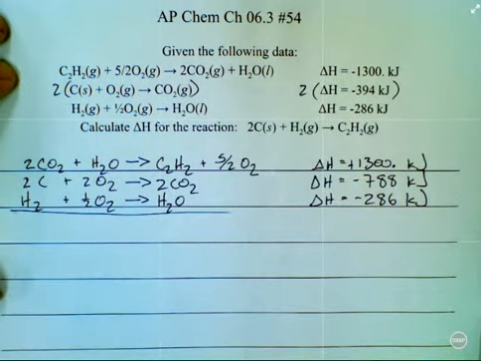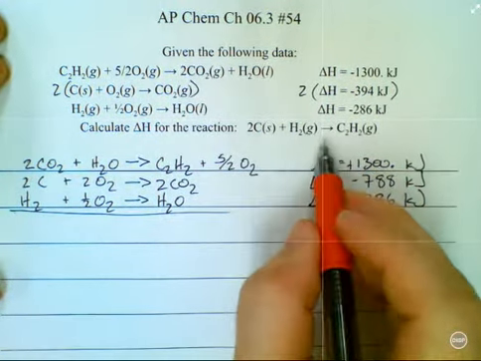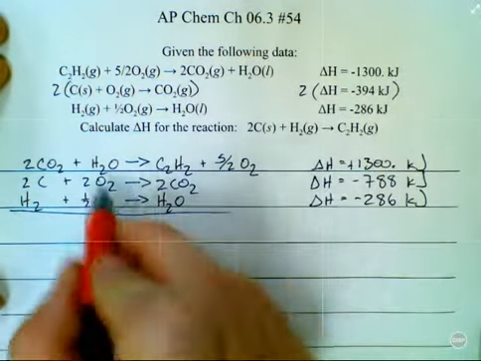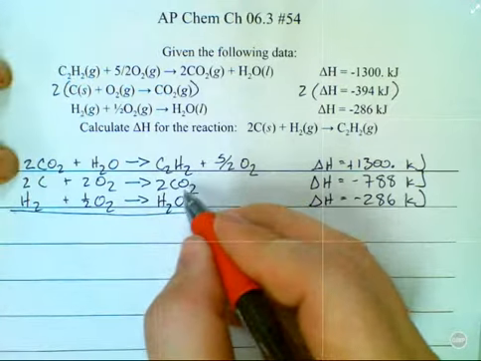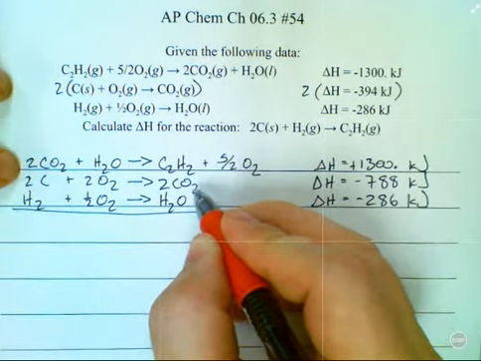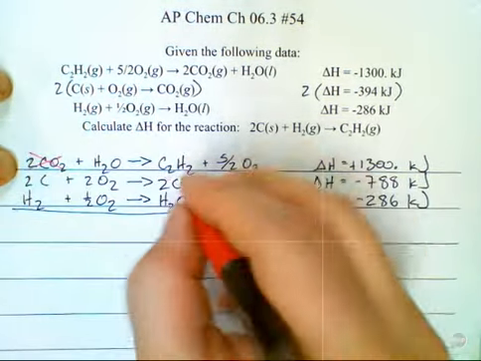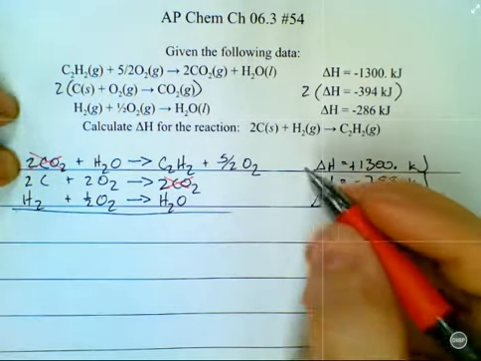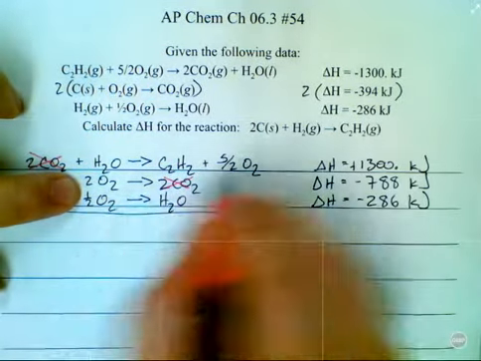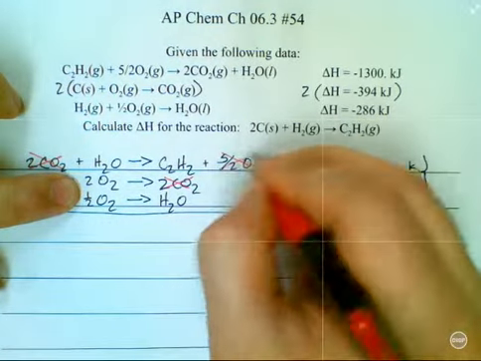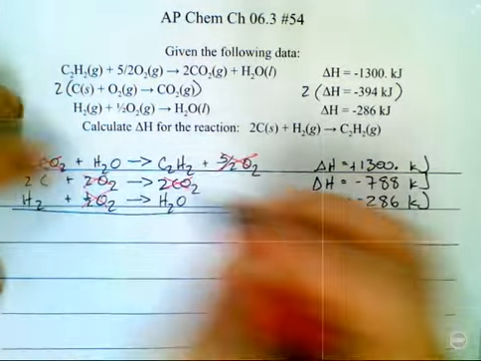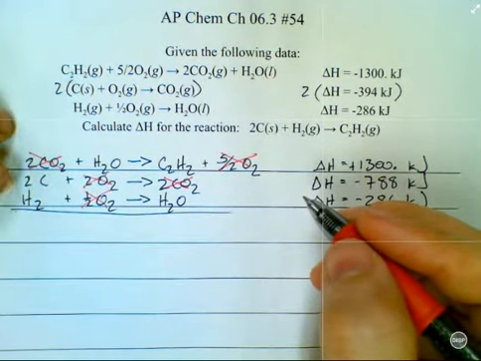Now let's do some canceling and see if we come up with our final reaction. Remember, after I cancel these things, I should end up with this final equation up here. So I have two O2s on each side of the reaction arrow, therefore they'll cancel out. I have a total of 5 halves of O2 on either side, so those will cancel out.